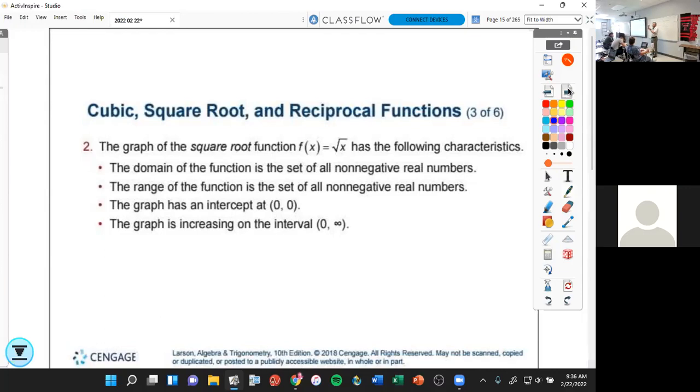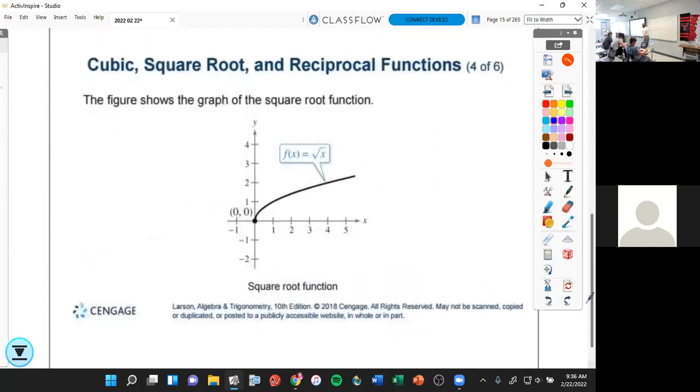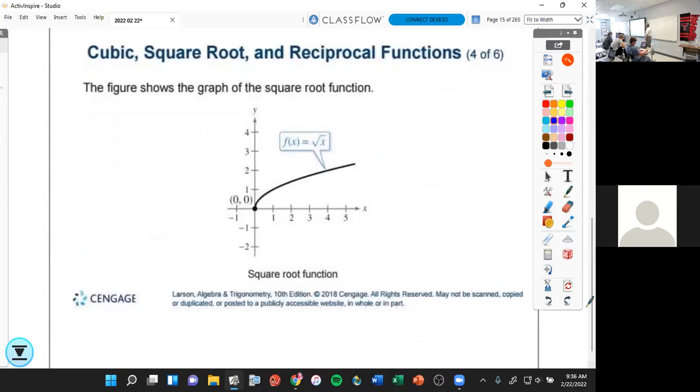It started at the origin, didn't it? Intercept at 0, 0. And the graph is always increasing. Is there any symmetry? Okay. So we don't talk about it being even or odd. So there's the graph of the square root.